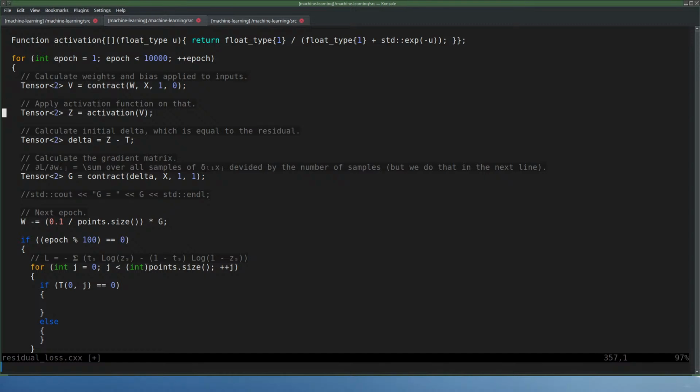I think I already have all my z values here, but j is a sample size. Okay. So I didn't want to use s here. That's why I was using j.